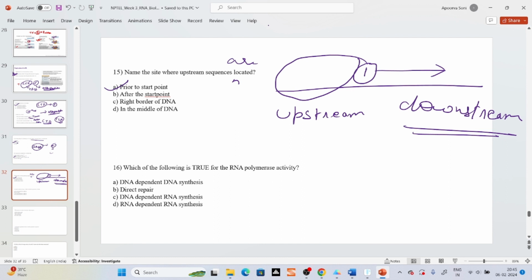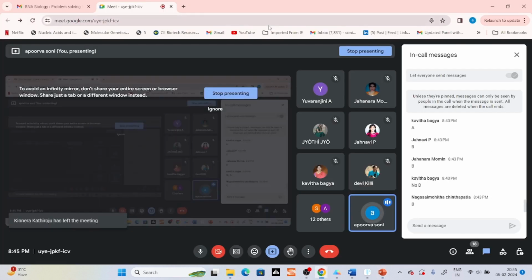Up means above, that means before the start site. Down means after, so it is after the start site. Like this you can remember. You can take advantage of that bioprocess analogy: downstream processing occurs after your product is formed.